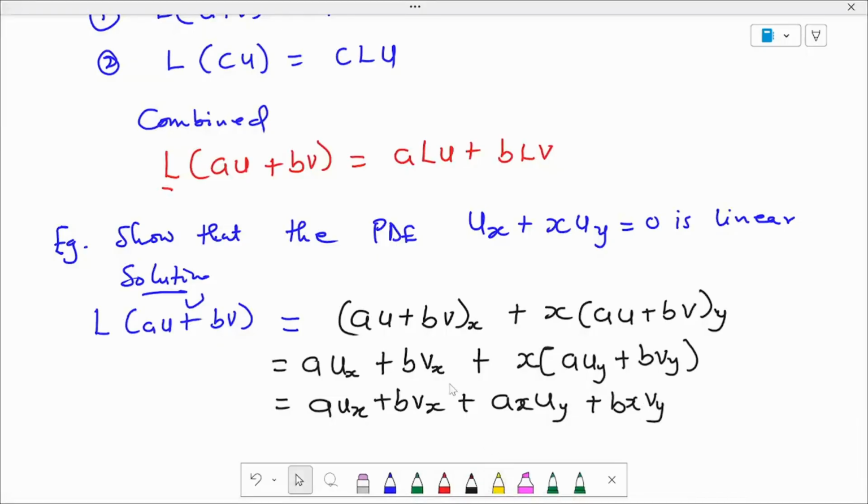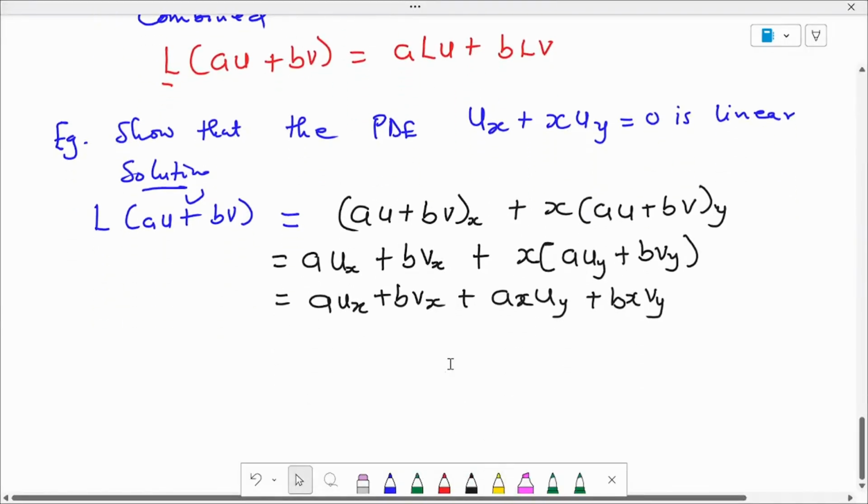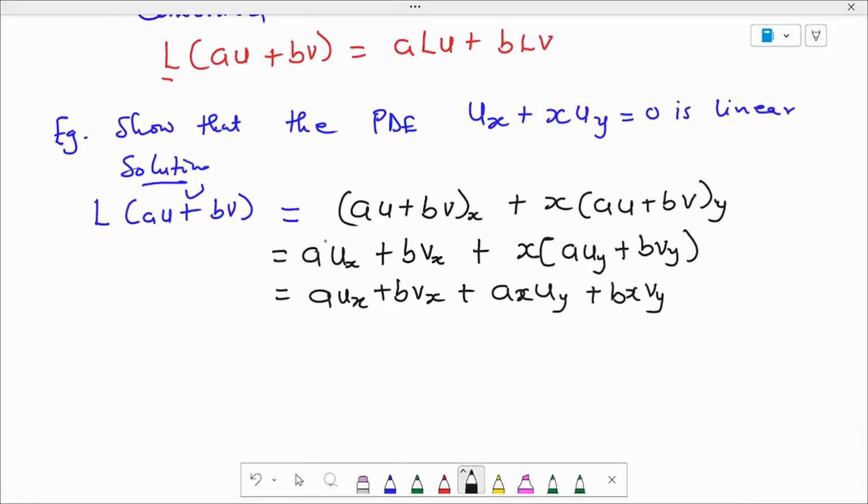Alright, so we can group like terms so that we can rewrite that in terms of aLu plus bLv. So all the a's come to one side, and we have a u_x plus a x u_y plus b v_x plus b x v_y.